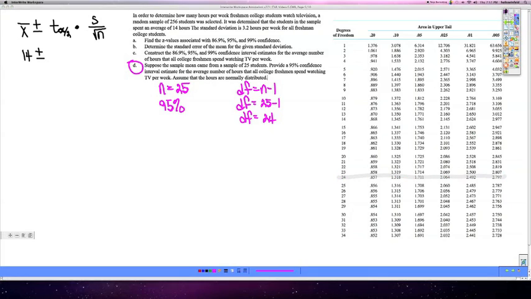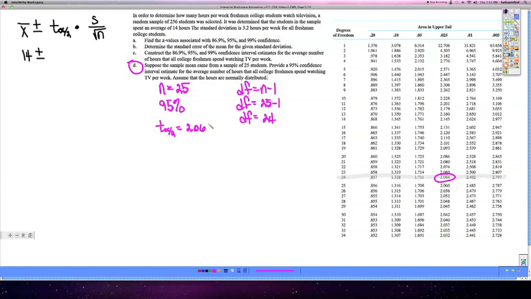Which is here. And since our area is 95%, the area in the tail will be half of 100% minus 95%, or half of 5%. So we're looking at the 2.064. Our t sub alpha over 2 is 2.064. And we can put that here.